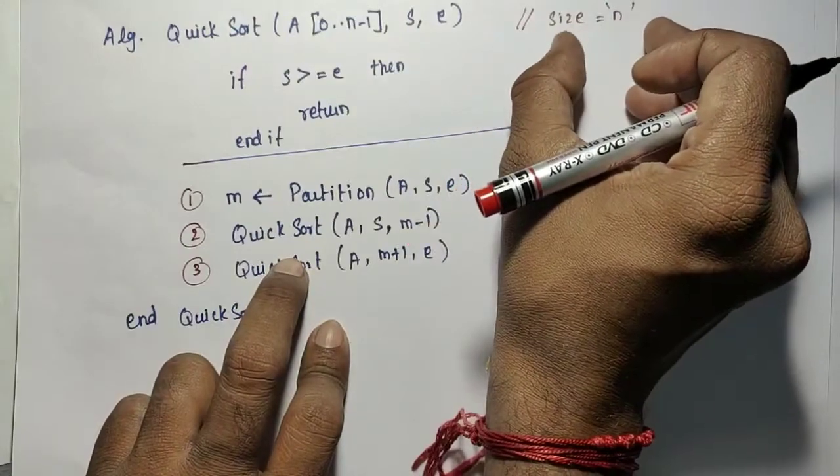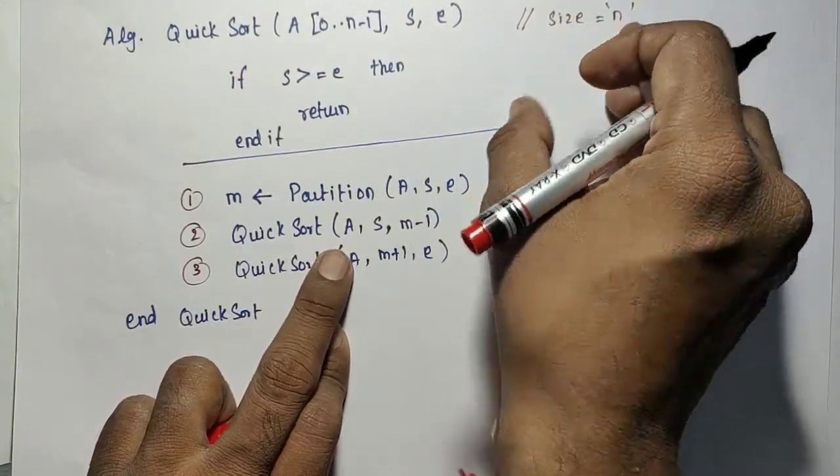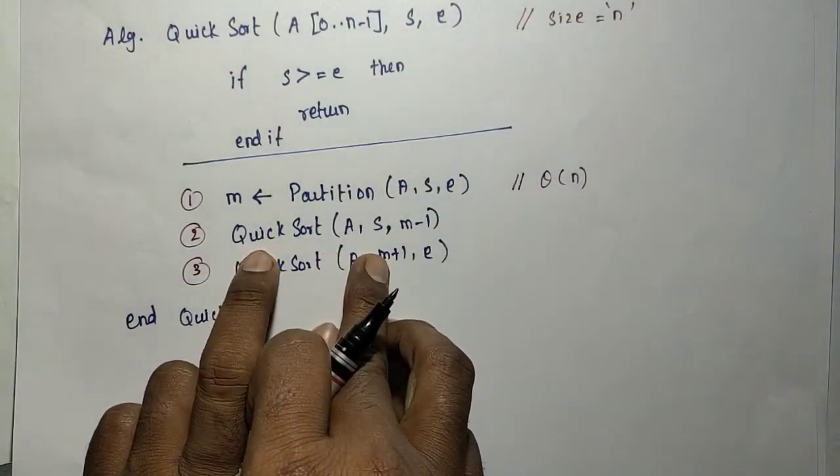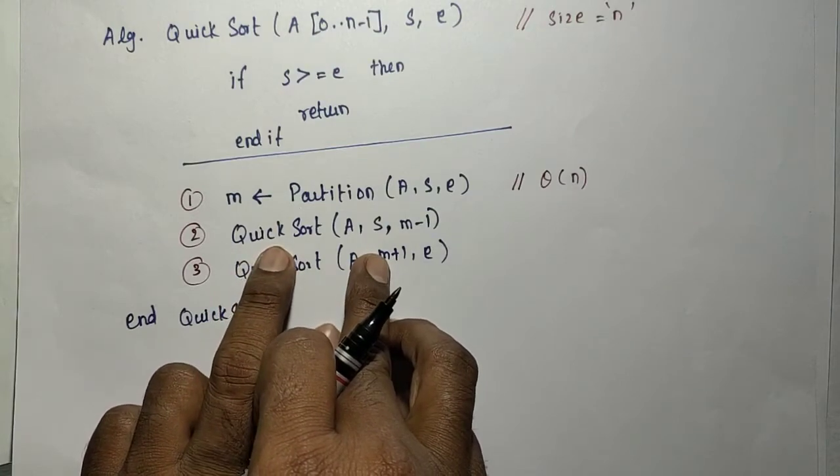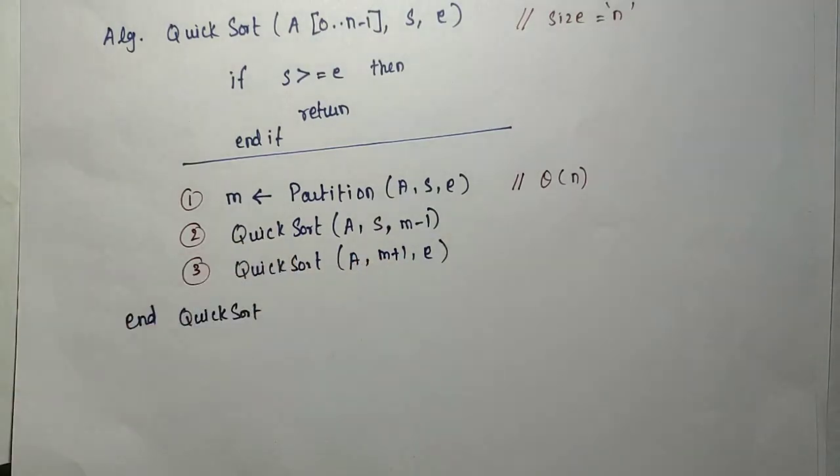For the main call the size is n. What is the size of the subproblems? In the merge sort, the split occurs exactly at the middle, so we can easily identify the size of the subproblem as n by 2, n by 2.